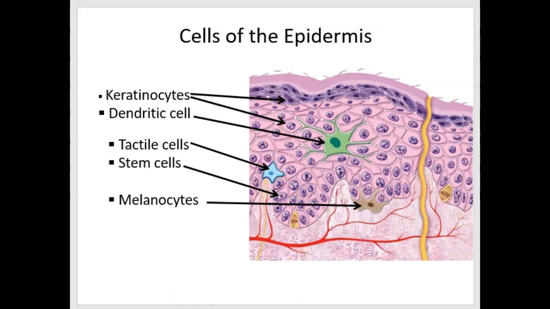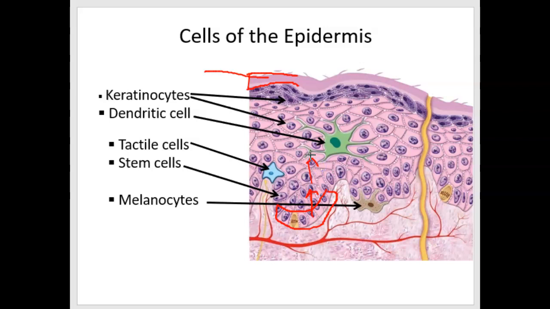Now, the stem cells will replace any cells that are sloughed off of the most superficial layers of your skin. So throughout the course of the day, your body sloughs off stratum corneum cells. Those cells have to be replaced. And what happens is the cells in the stratum basale, the stem cells, divide, and they push up all the other cells.